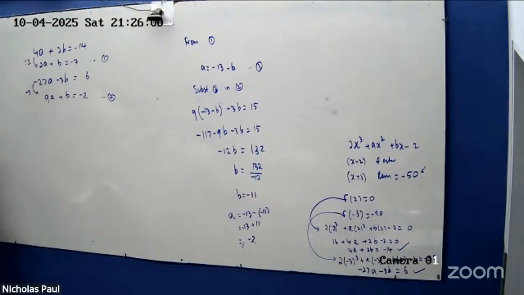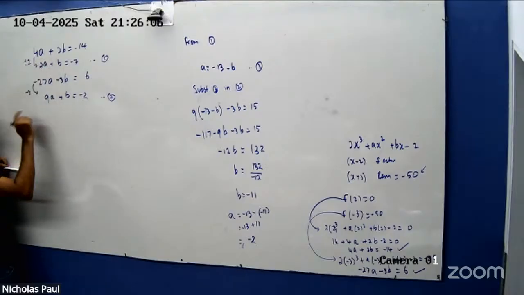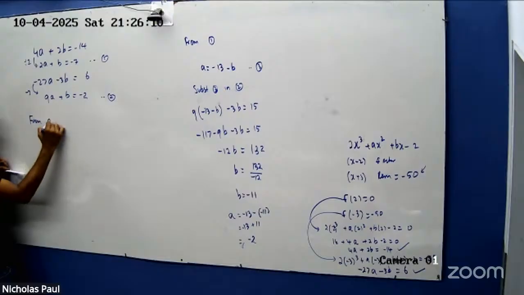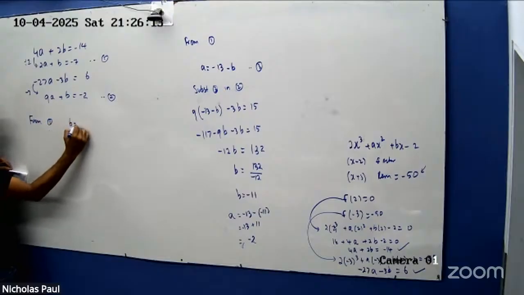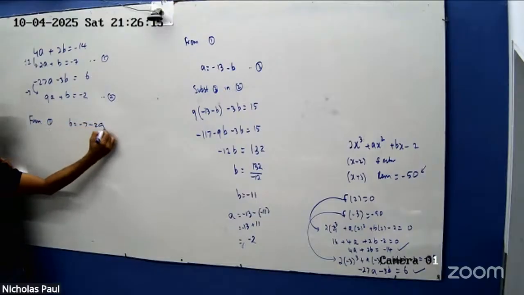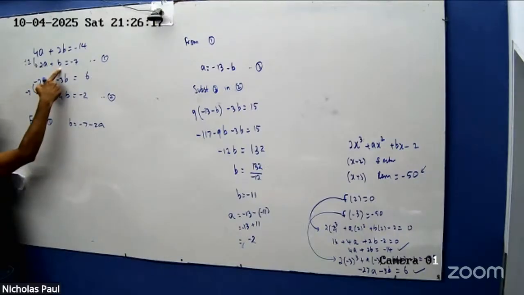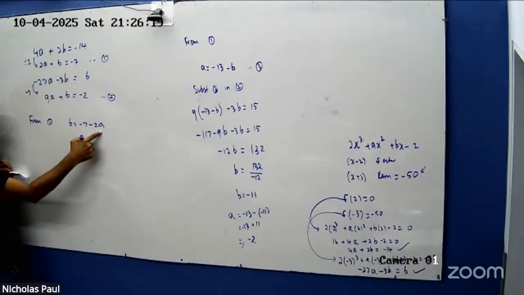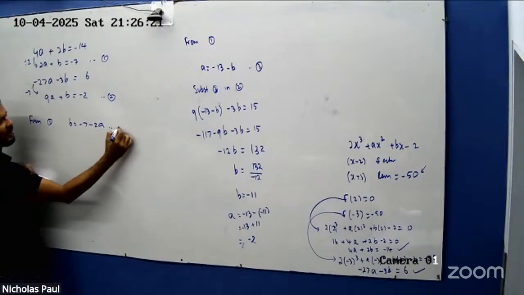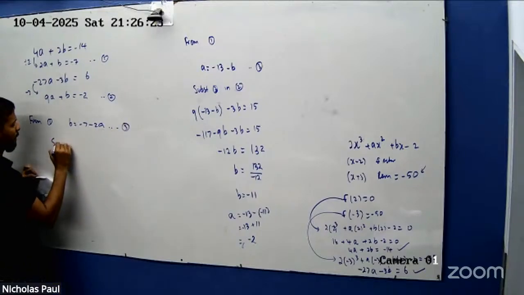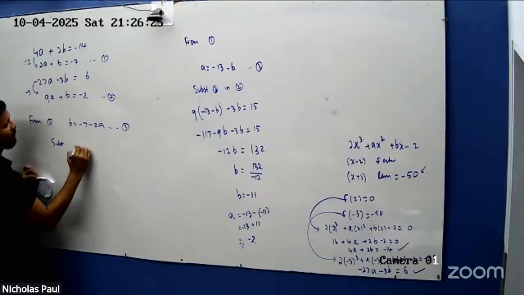Try to get equations that are easy to work with. Nothing wrong if you work with the original, I'm just saying it might be a little easier for you to finish it up. So I could say from equation 1, b is minus 7 minus 2a. I can make b the subject here. Call that equation 3. And then substitute in equation 2.